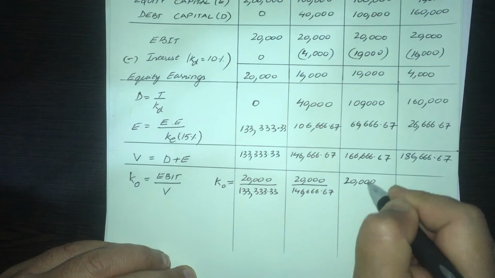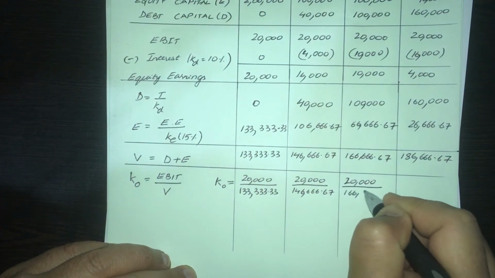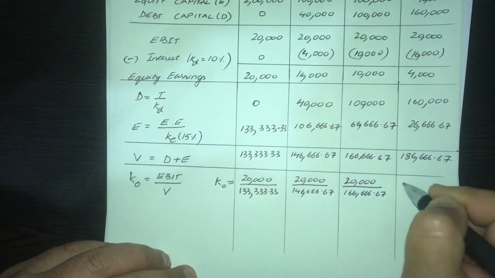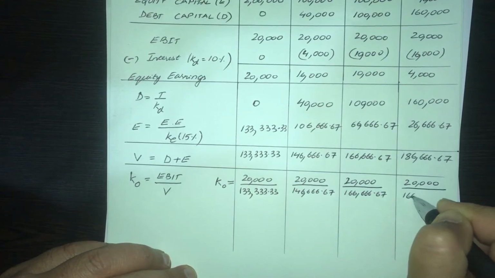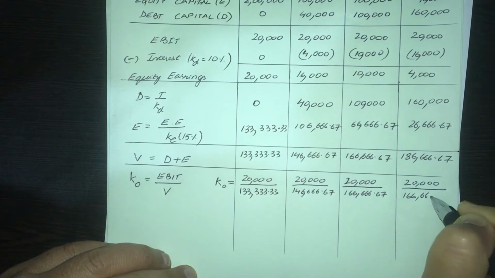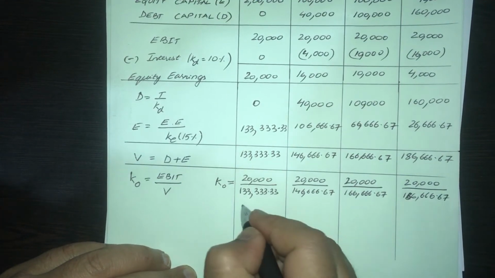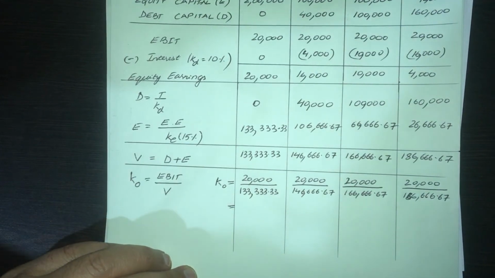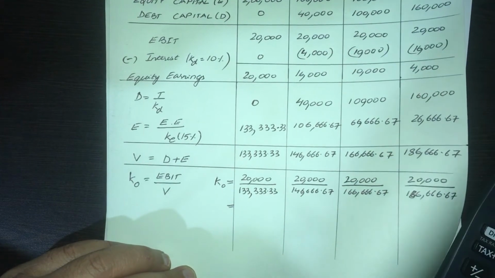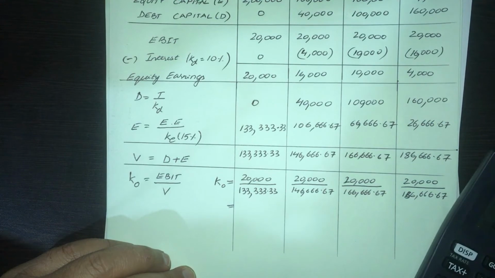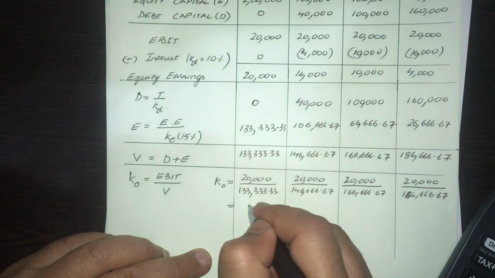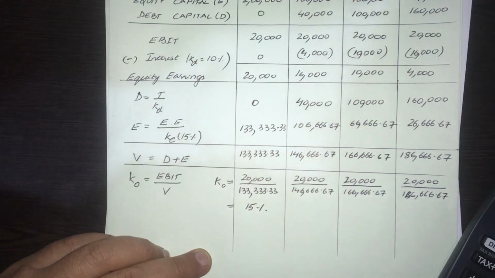Again, 20,000 divided by 1,86,666.67. So this will be 15%.